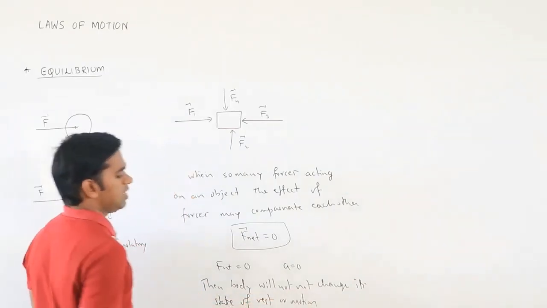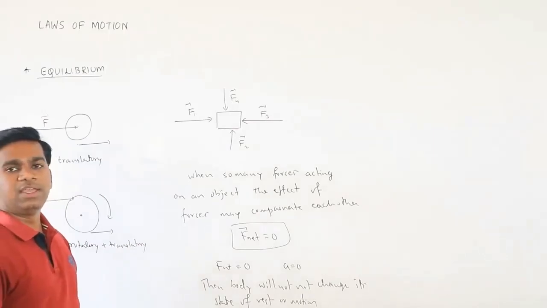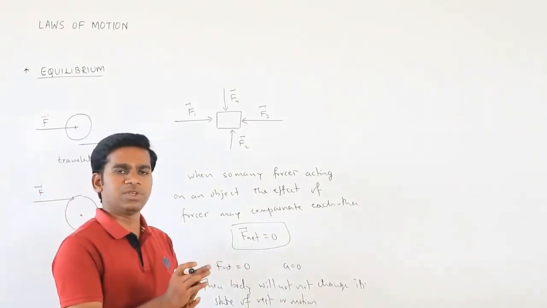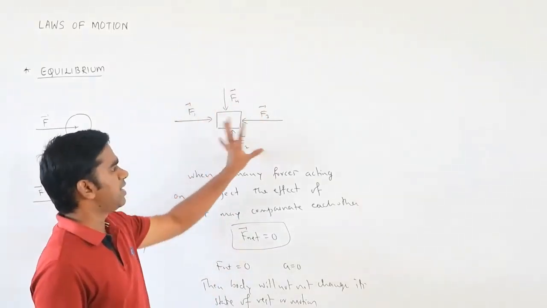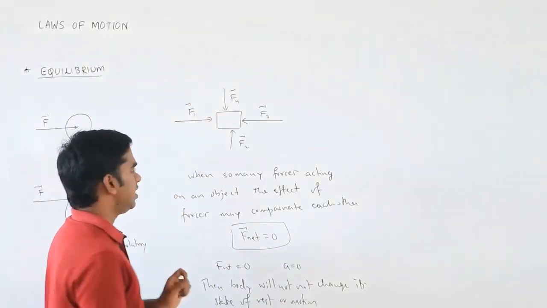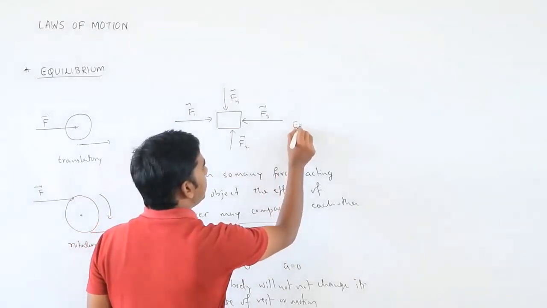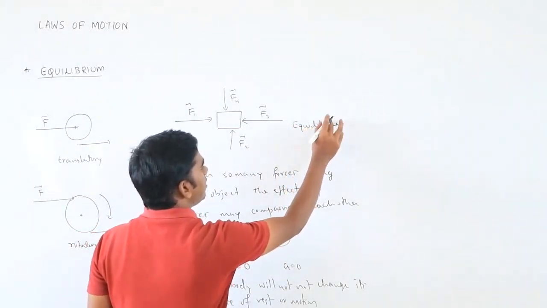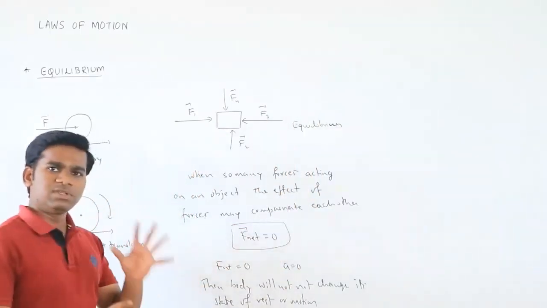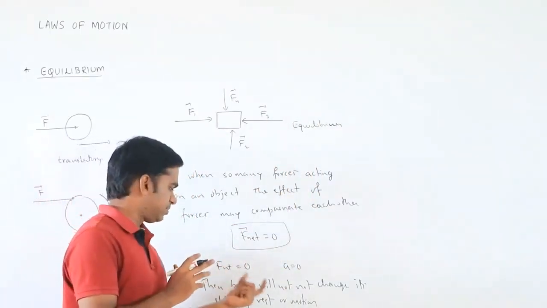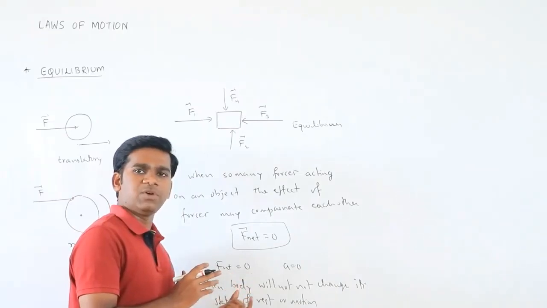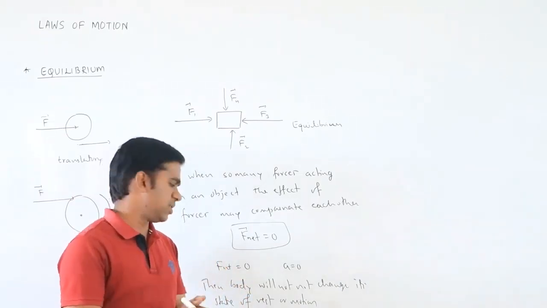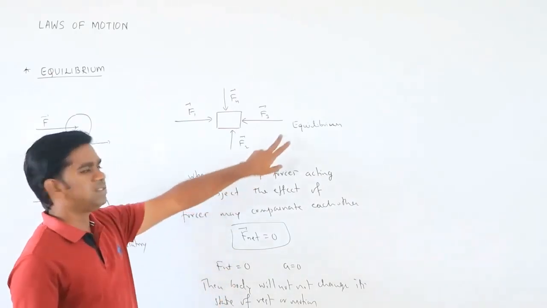If the body does not change its state of rest or motion, even though so many forces are acting, then the body is said to be in equilibrium. I hope you are getting what exactly equilibrium means. Forces are acting, but F net is 0, meaning the body is not changing its state of rest or motion. Then we can say it is in equilibrium.